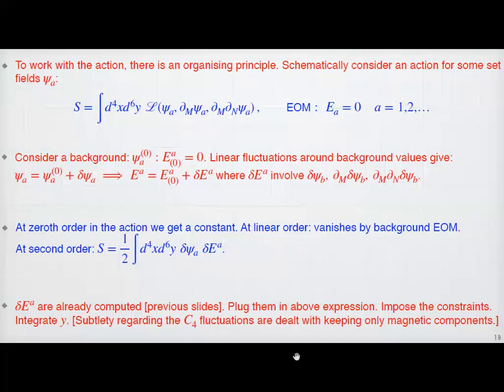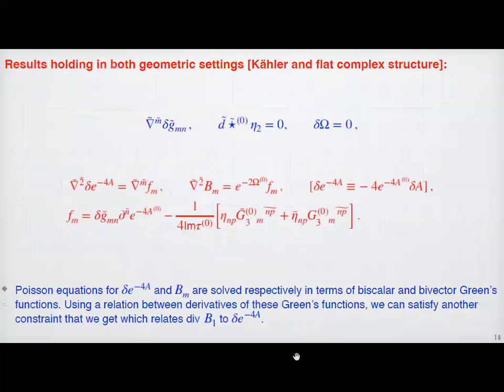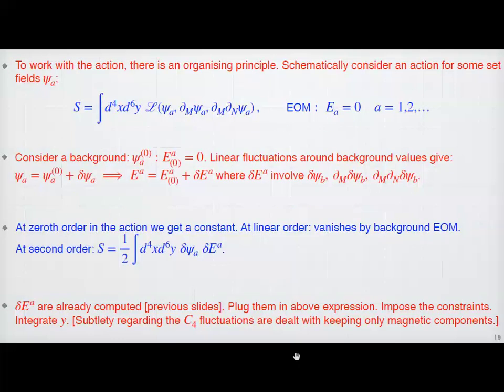But the thing is that here, schematically, I said that I have to deal with the linearized equation of motion. That we have done for the KV supergravity already, in the previous slides to get the constraints. So these are already there while computing the constraints. We plug them into the above expression.